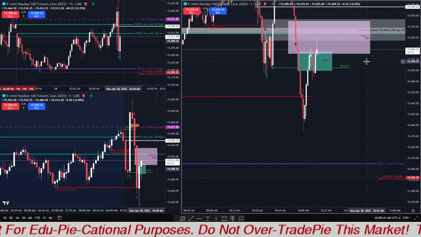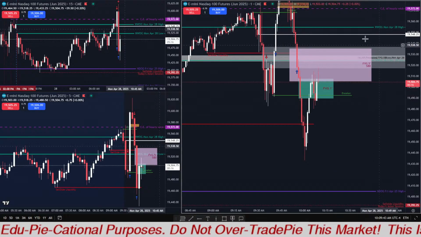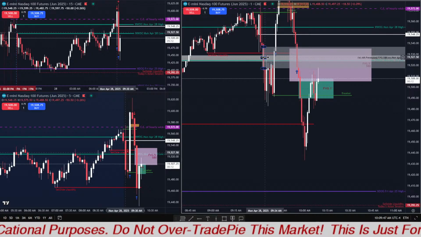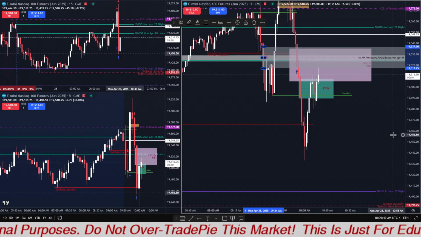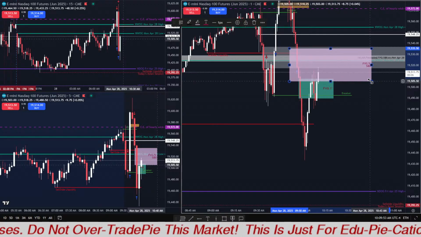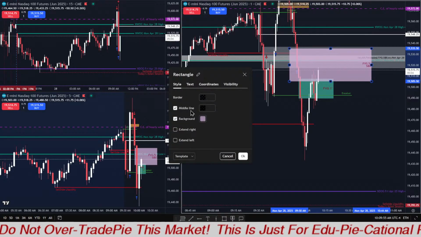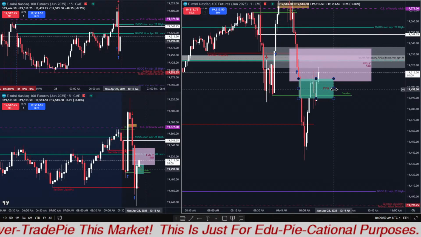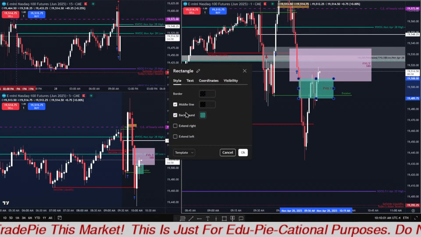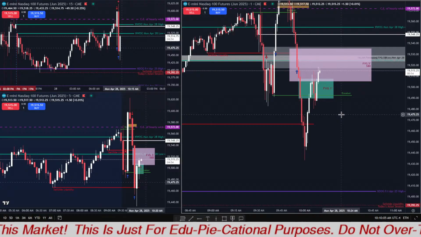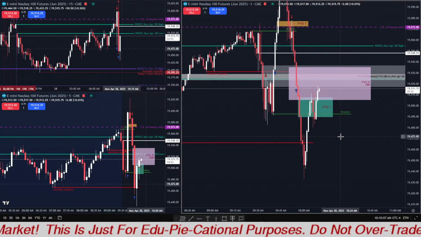I don't like to see any close above the consequent encroachment of the first presented fair value gap. Just let me turn off this line over here, this line over here, and yeah.